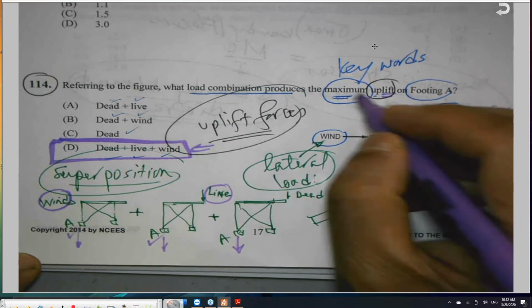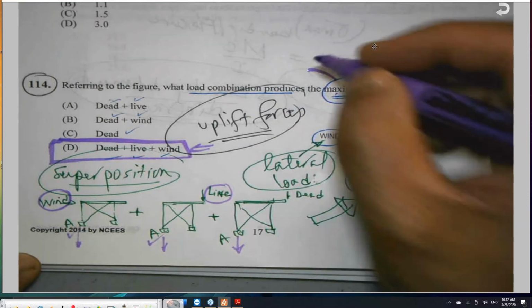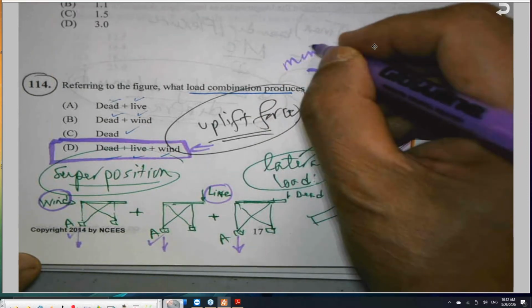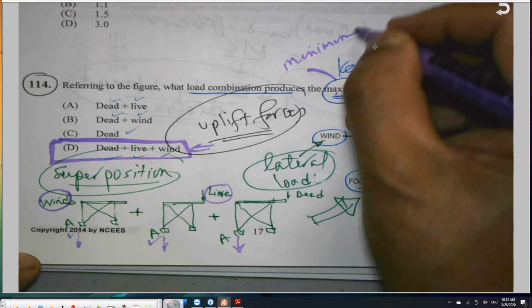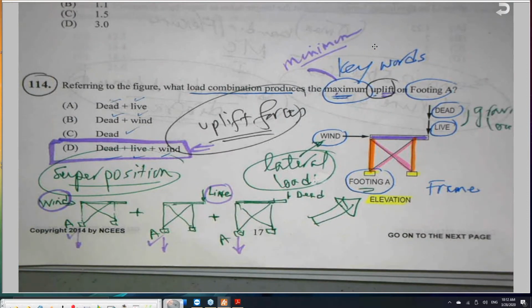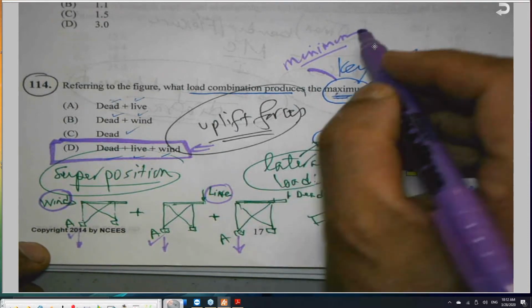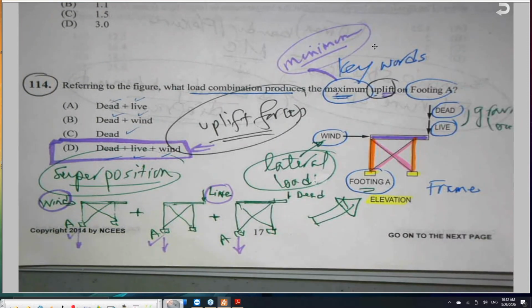Is he talking about the maximum, or can he change this word to make it minimum? Minimum uplift force. Obviously, we design for the maximum, but for the sake of the exam, he can change this word instead of maximum, make it minimum. Is the answer going to change?